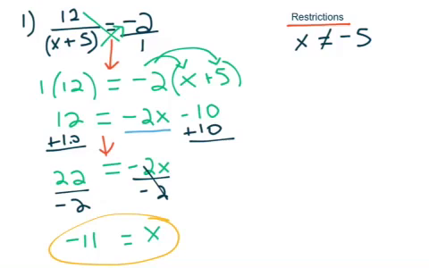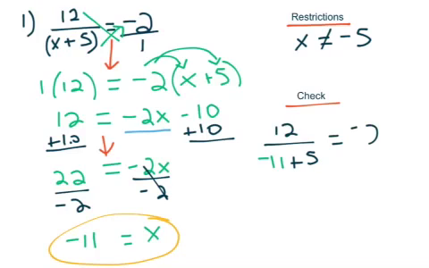Remember what we were doing at the end of all of our problems last week? We were checking. So here's our check. I'm going to take the original equation and plug in my -11. And now I'm going to simplify. 12 over -11 plus 5 is -6.